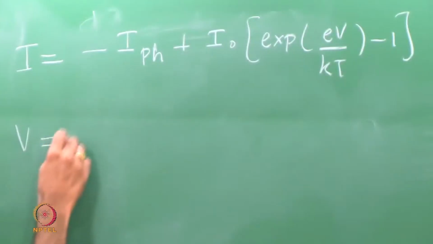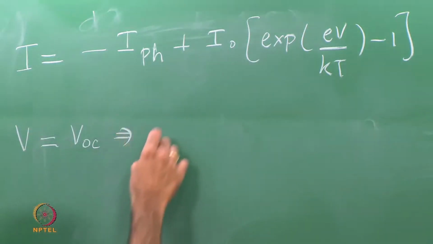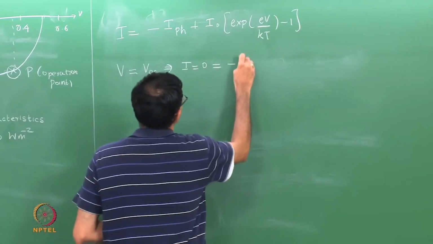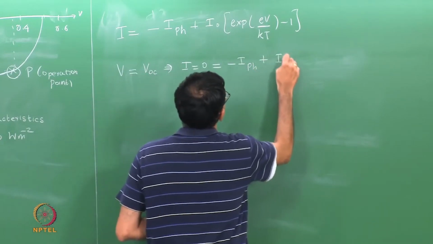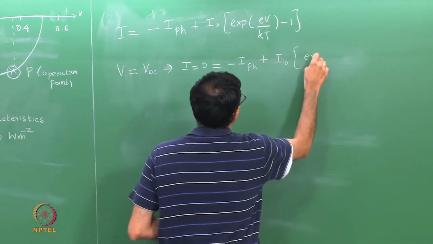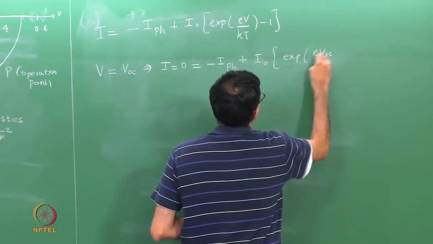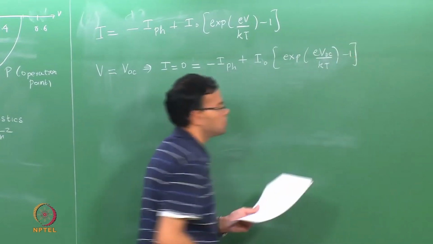So, when voltage V is equal to VOC, which implies current is equal to 0, this is minus IPH plus I naught exponential E VOC over KT minus 1.